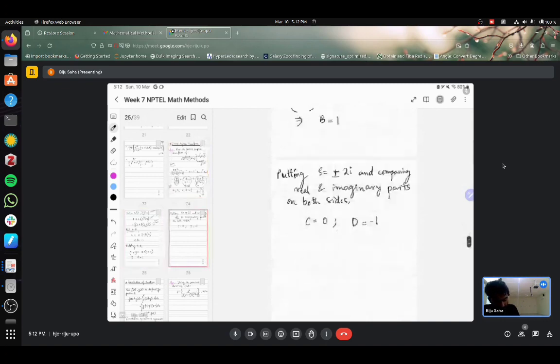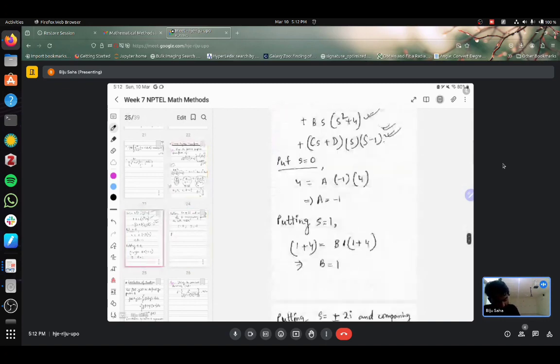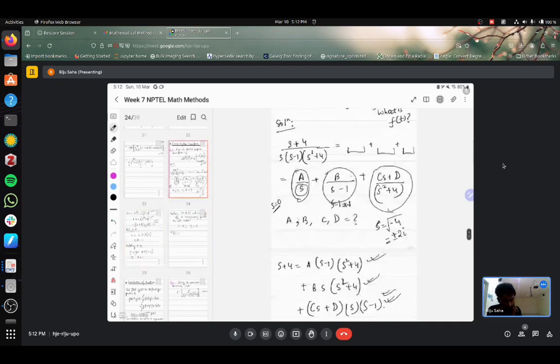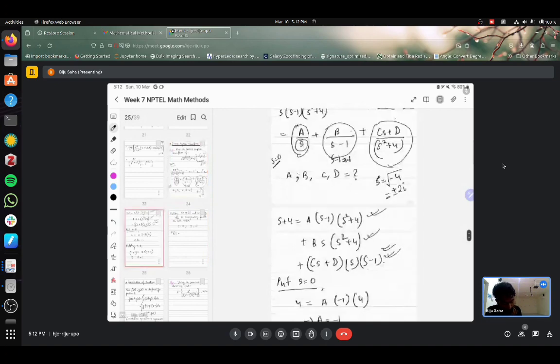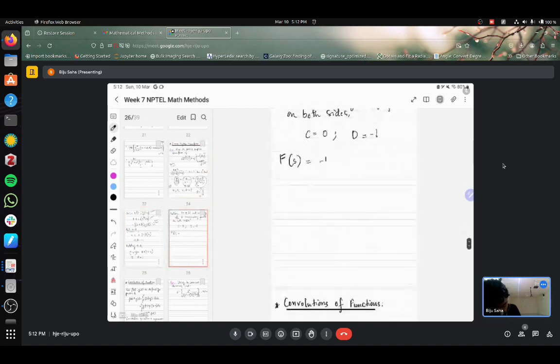And you have your function, that is F(s). Since it's a Laplace transform, let me denote it by capital F. So your F(s) is basically minus 1 by s plus 1 by s minus 1 minus 1 by s square plus 4.